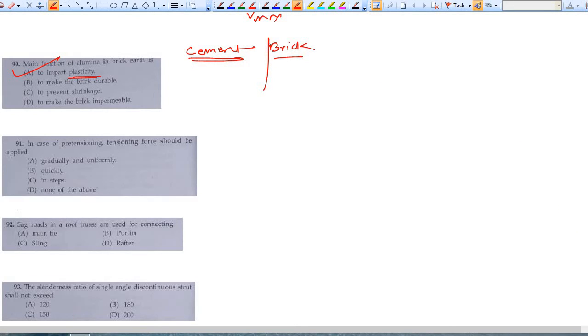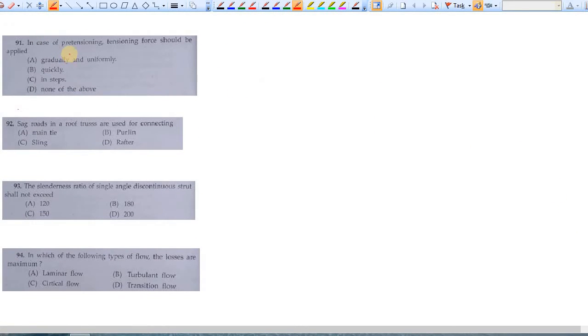Okay. Next is, in case of pre-tensioning, tensioning force should be applied gradually, quickly, in step, none of the above. Well, if you have ever seen the pre-tensioning process, after casting the girder, there are lots of tendons.